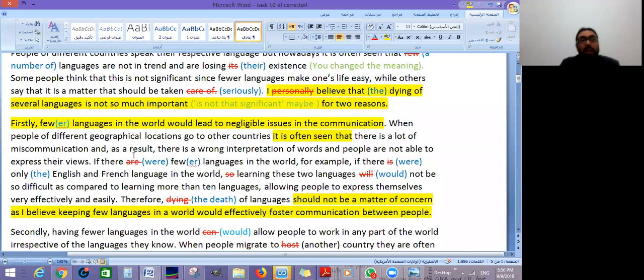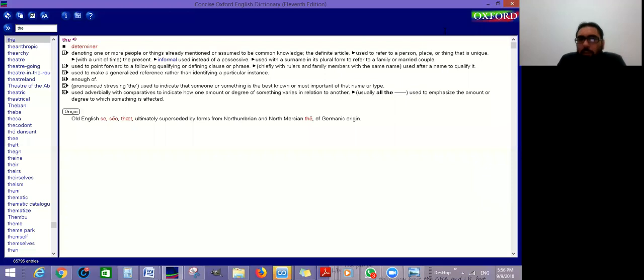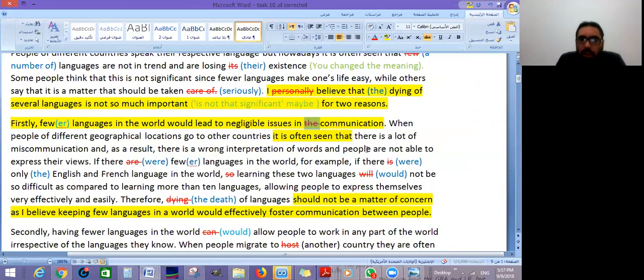So we're imagining it and we're saying having fewer languages in the world would lead to negligible, a tongue twister that word, negligible issues in, what is it? The communication. Let's say communication in general, not one specific type of communication. When people of different geographical locations go to other countries, it's often seen that there's a lot of miscommunication. Okay.